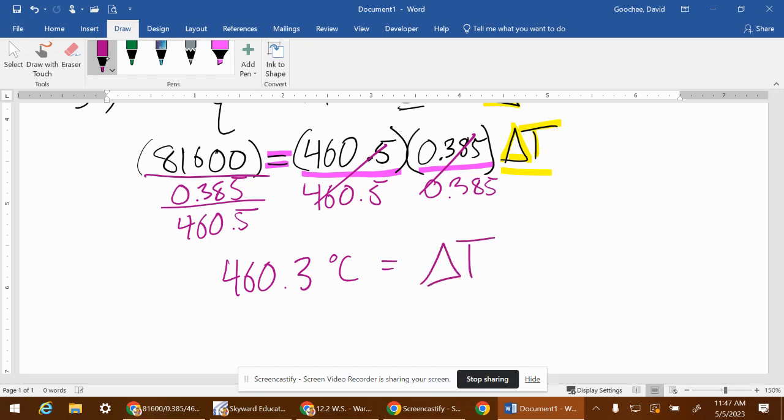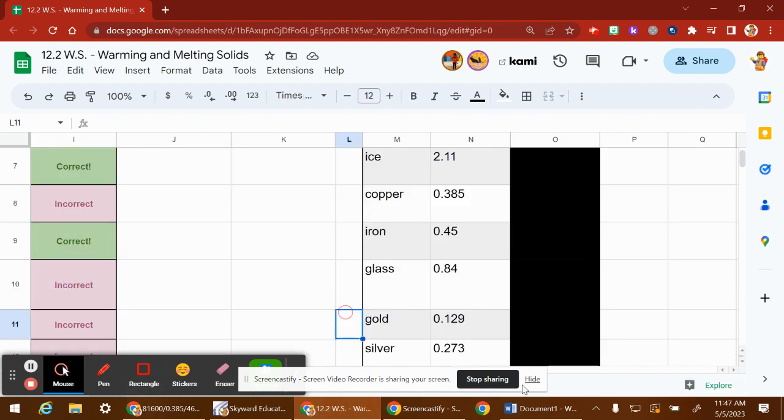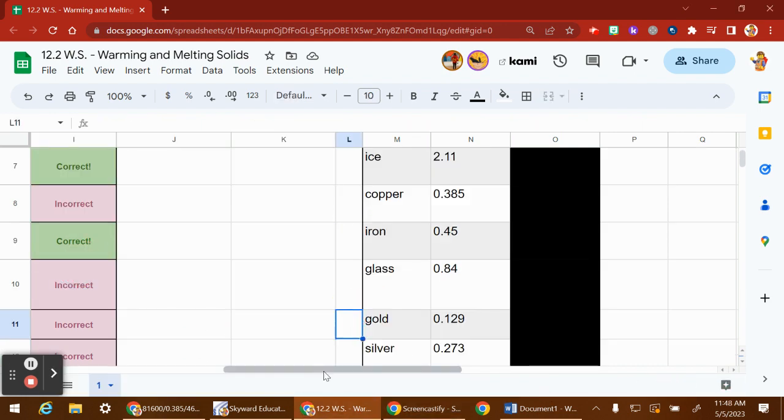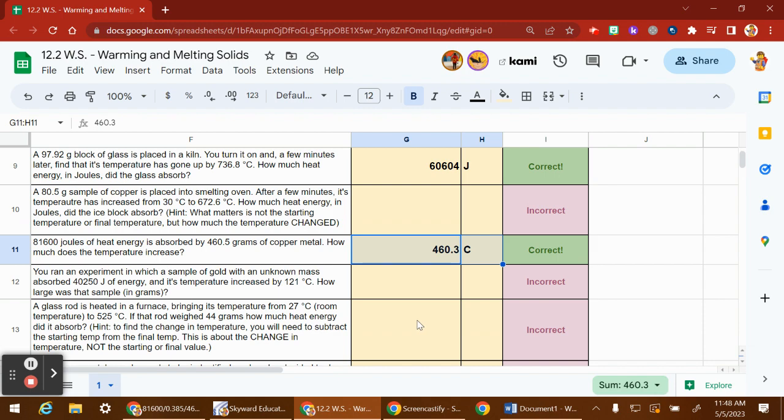So I'm going to plug that in here and see if that is correct. 460.3, that is correct. So the temperature increases by 460.3 degrees Celsius. Great. That's how you do it.